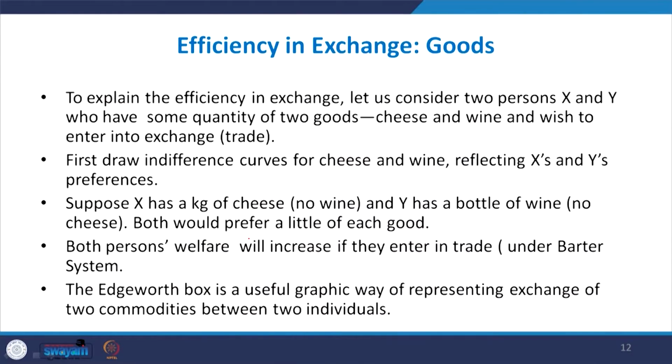We can enter into a barter system, and if prices of the products are known, then a price system can also be introduced. In this case the Edgeworth box is a useful graphic way of representing the exchange of two commodities between the two individuals.